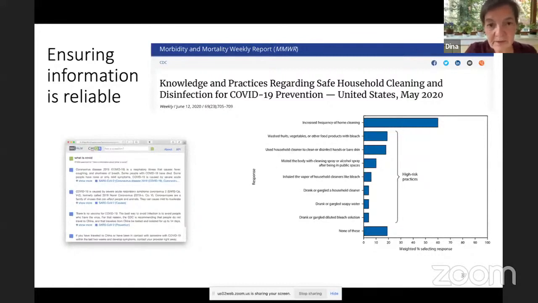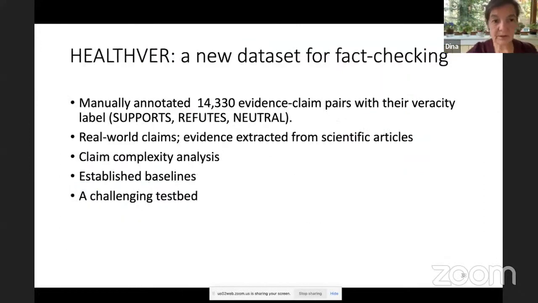They were looking specifically at whether people know that household cleaning and disinfectants for COVID-19 prevention could not be used internally. And it turned out that the majority of people actually did not know that these substances are harmful. So this is really, I think, a good proof that we need to know that the answers we are providing are reliable. But how do we know it?